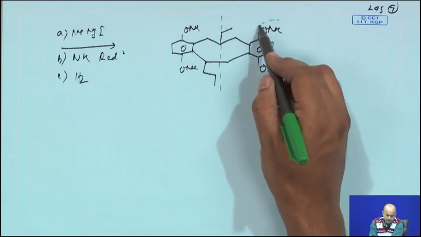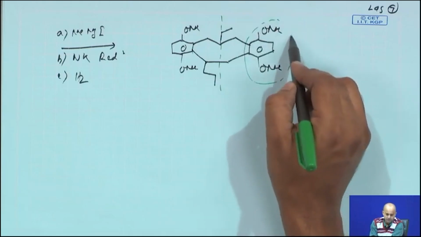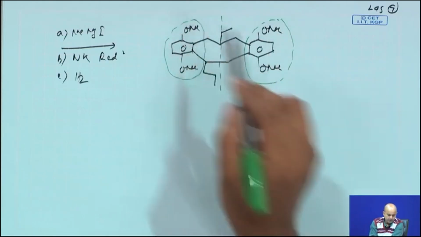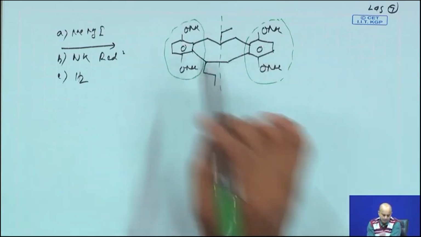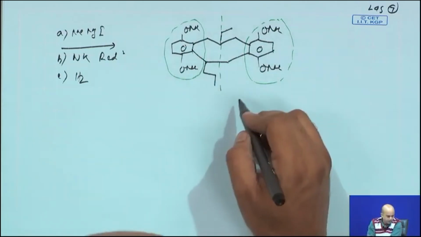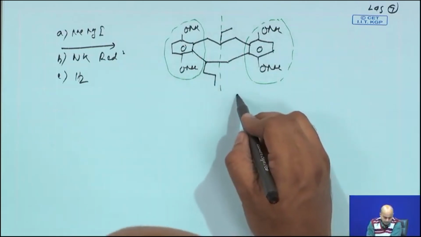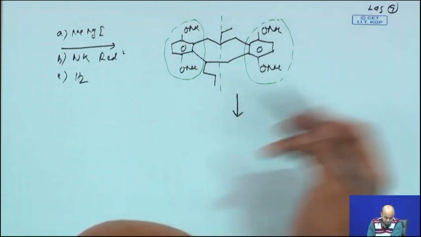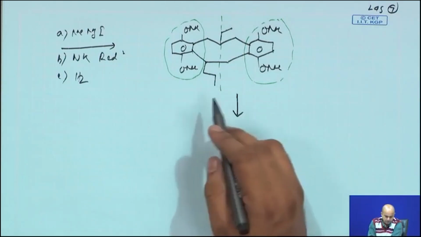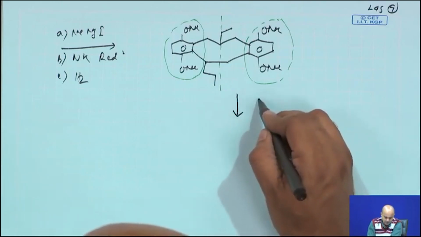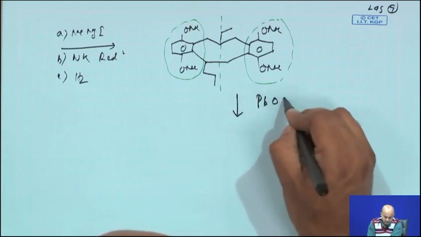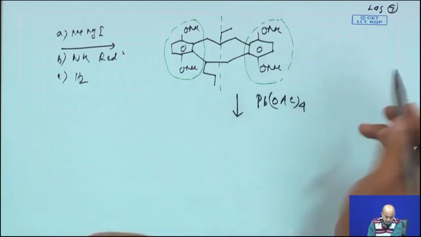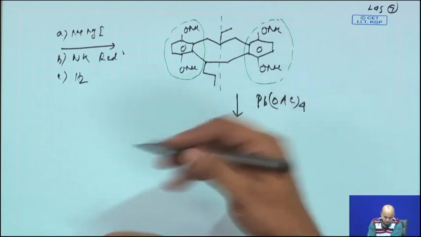This part I say local symmetry, this part also I say local symmetry. So, local symmetry elements are there. Okay. Now, the remaining part, what was done actually: normally for this kind of transformation they used lead tetraacetate and did an oxidative deamination.